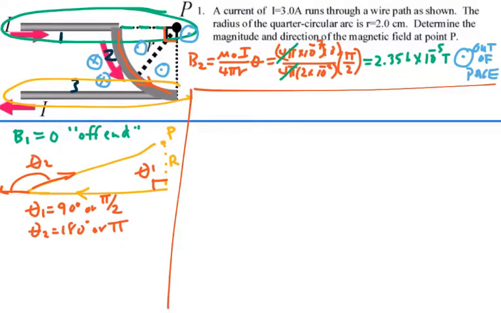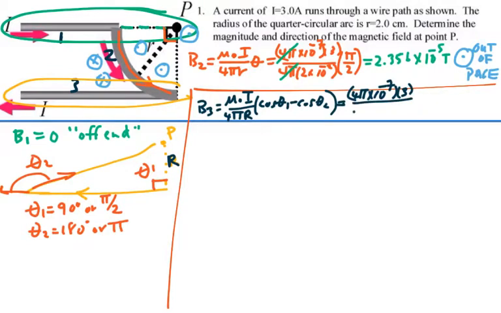So our magnetic field 3 is going to be mu naught I over 4 pi r, where r is our offset here, times the cosine of theta 1 minus the cosine of theta 2 for a line segment like this. So this would be equal to 4 pi times 10 to the minus 7 for mu naught times 3 amps over 4 pi.